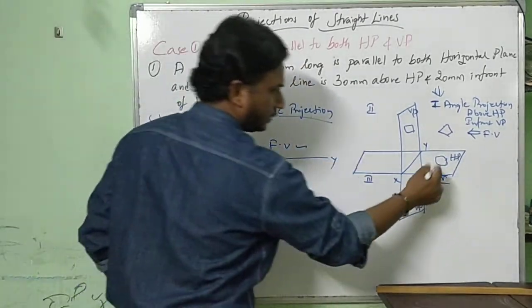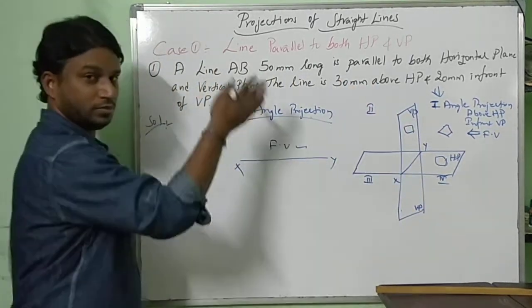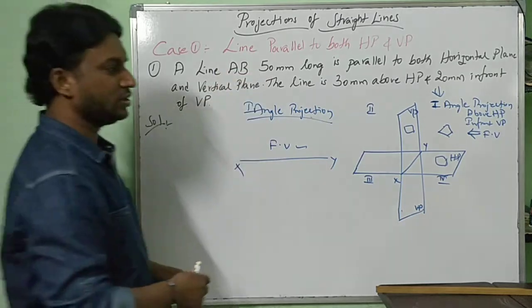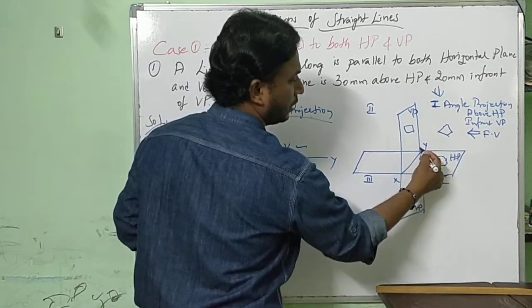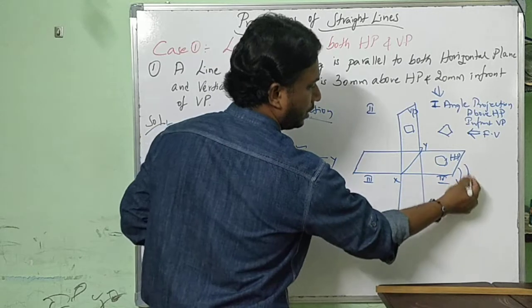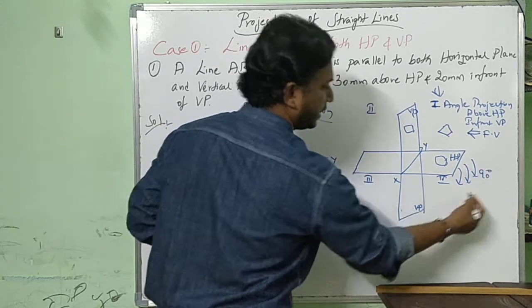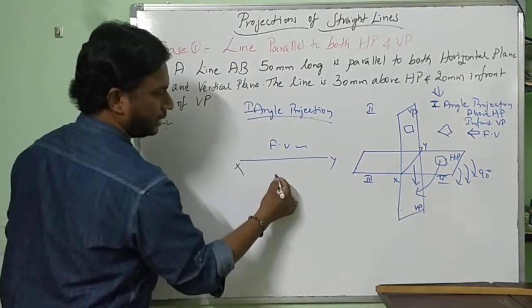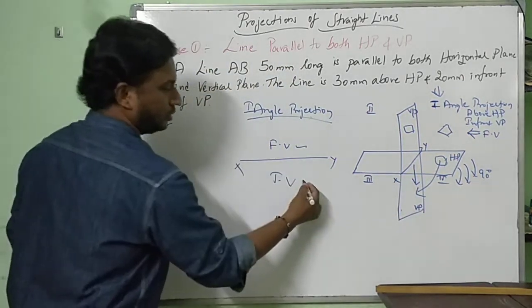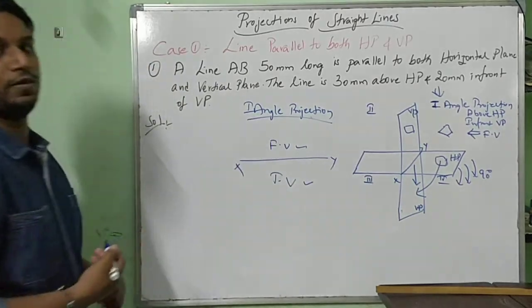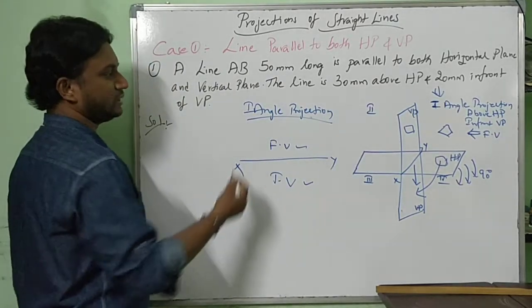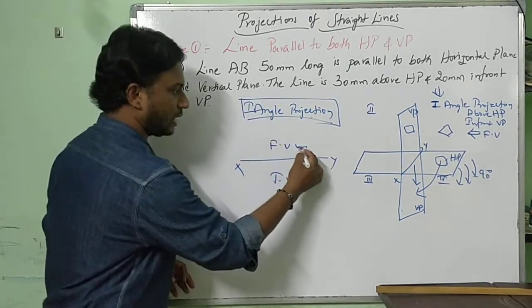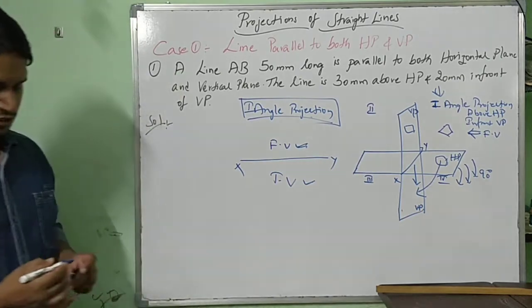But to get them into the same line, because our blackboard or whiteboard is a single plane surface, while here the two planes are perpendicular to each other, we rotate it through an angle of 90 degrees so that it comes below the XY line. Top view comes below the XY line. Finally, you must always remember, as per first angle projection, the front view comes above the XY line, and the top view comes below the XY line.